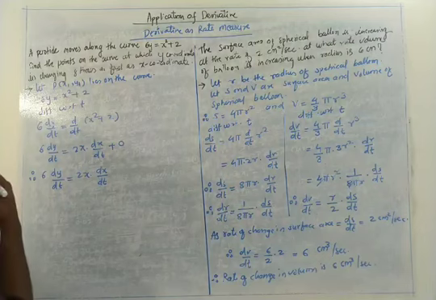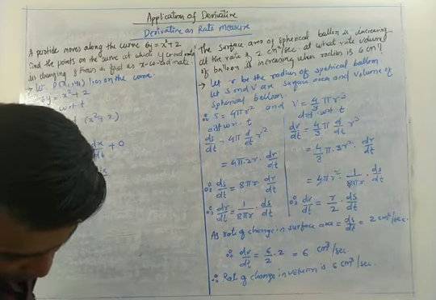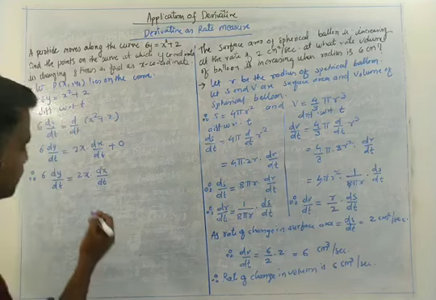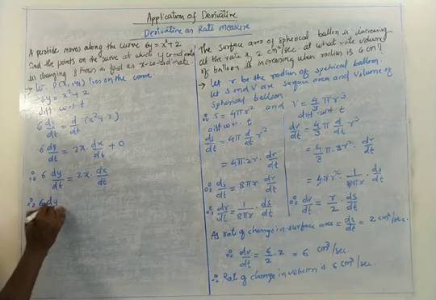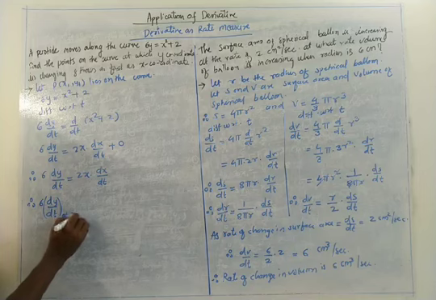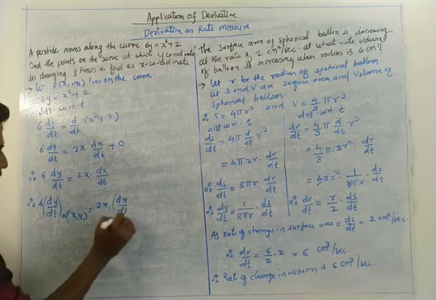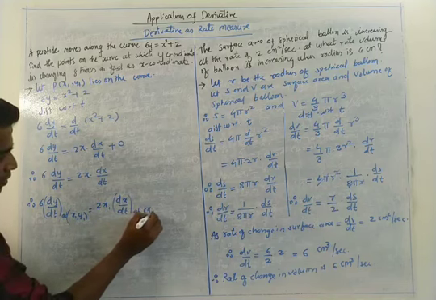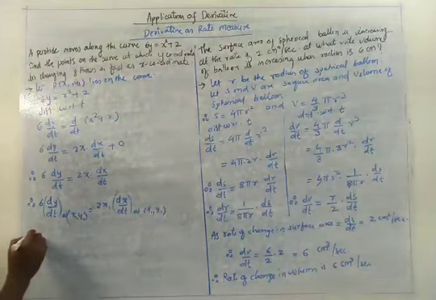Okay, is it clear? Now we'll substitute the point P in this equation. So therefore 6 dy by dt at (x1, y1) is equal to 2x1 dx by dt at (x1, y1). Okay, is it clear? Now next line.